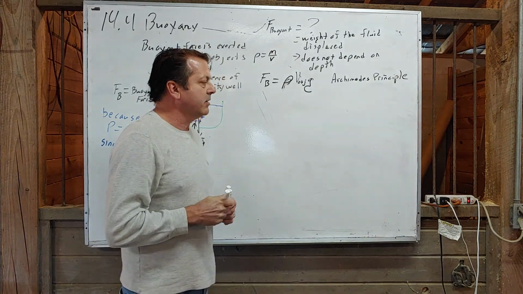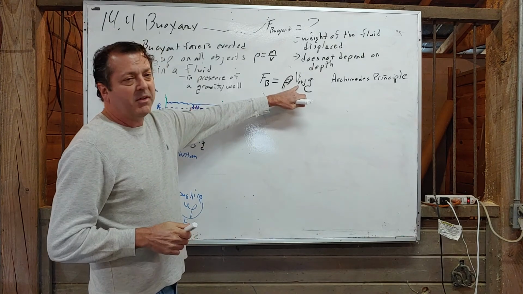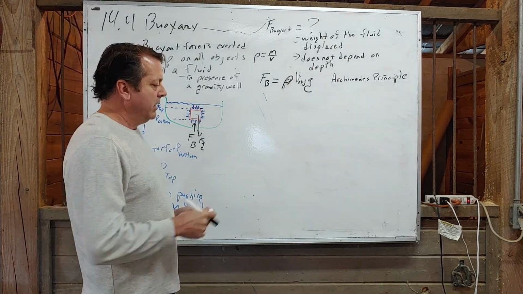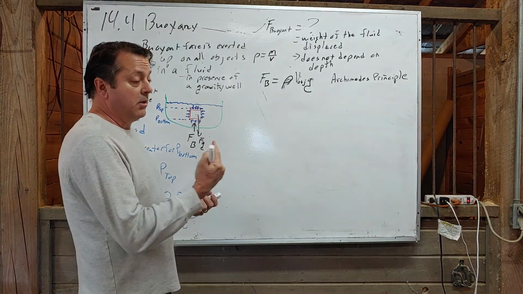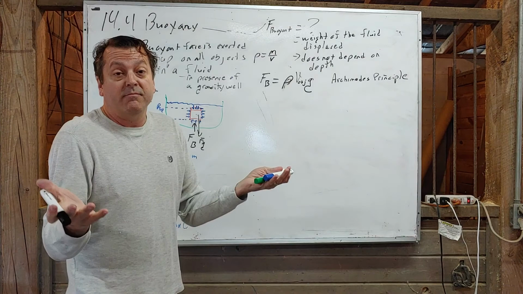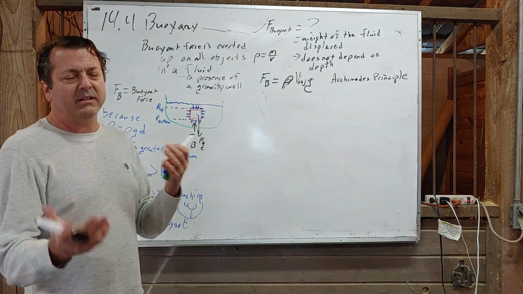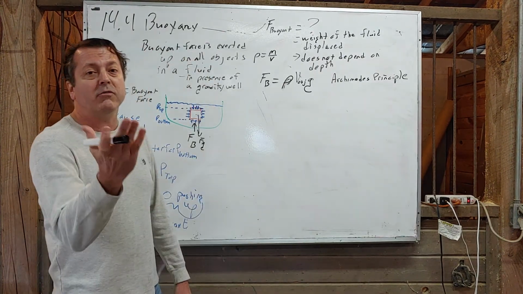What I will say is, if it's the weight of the fluid displaced, it's the volume of that object. So if you had a pound of gold and threw it in the water, the buoyant force would depend on how big that pound of gold is. A pound of silver has a slightly different density, so its volume is different and it would have a different buoyant force.